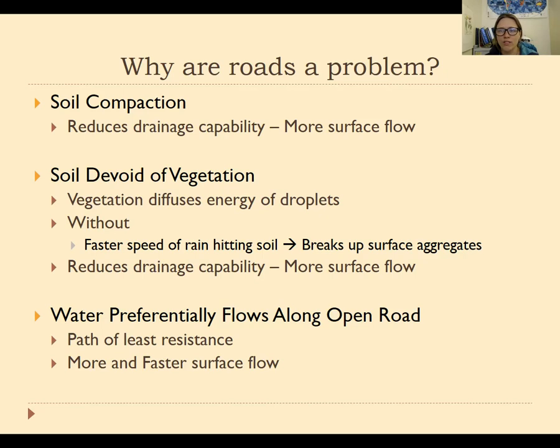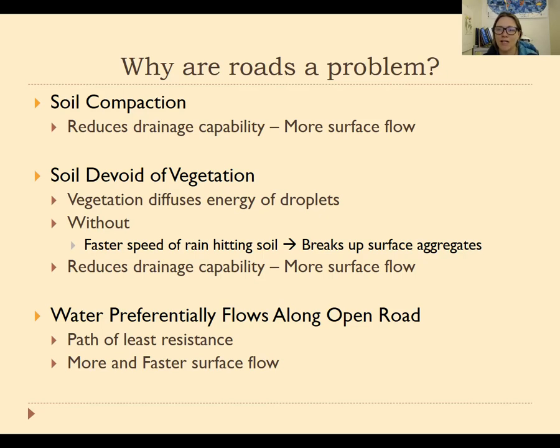And then also, we just know that water, right, its whole goal in life is to move downhill. It's being influenced by gravity, and it's always going to be following the path of least resistance down the slope as it's being pulled by gravity. And so guess what? The open road provides this really great open, low resistance pathway that water can move along down slope.